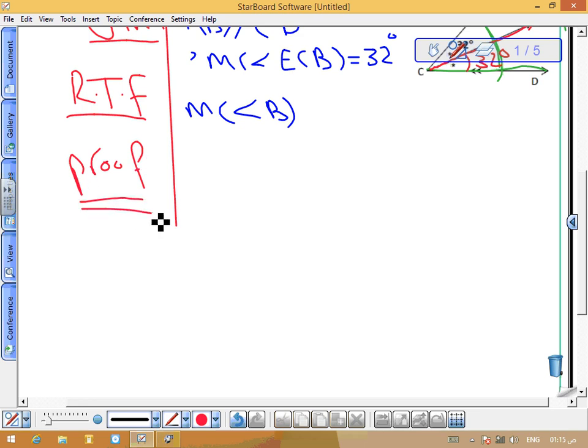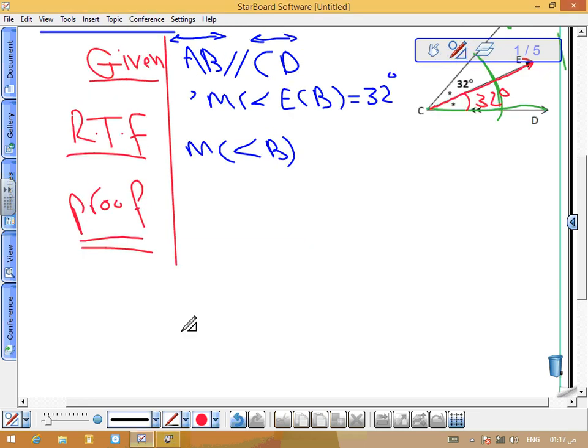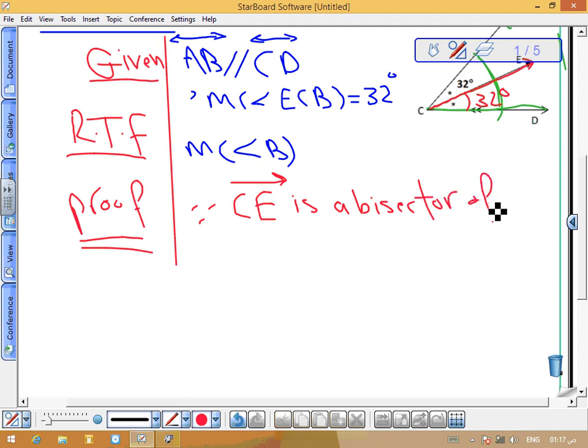Since, the symbol means since, CE is bisector of angle C. Therefore, and this symbol means therefore, measure of angle ECD equals 32 degrees.